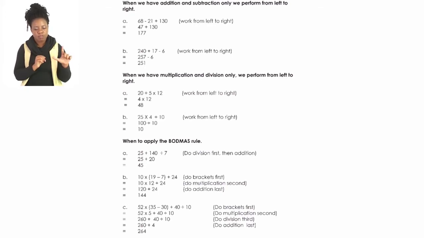So we do the multiplication first. 25 times 4 equals 100 divided by 10. Now we do the division part and we say 100 divided by 10 equals 10. So this is when we only have multiplication and we only have division.